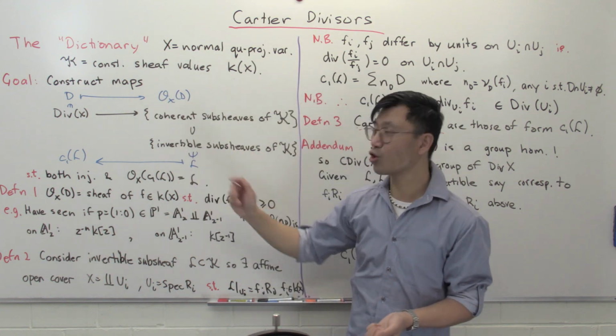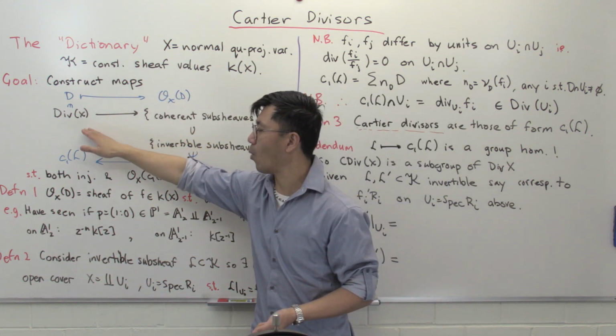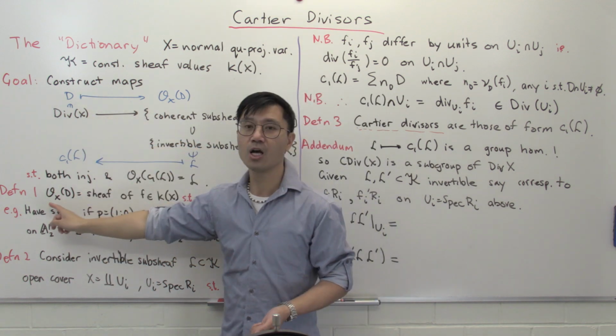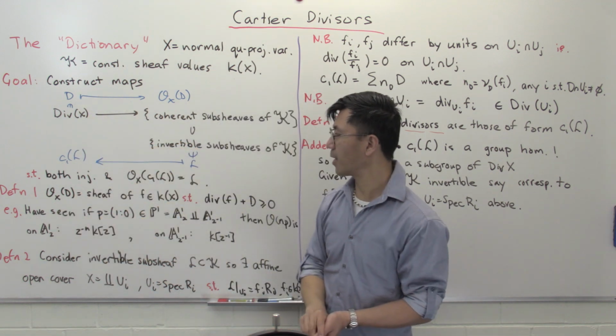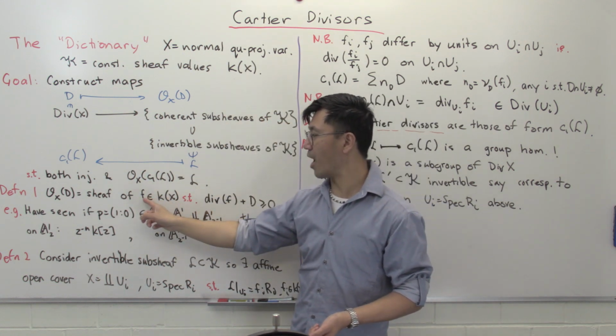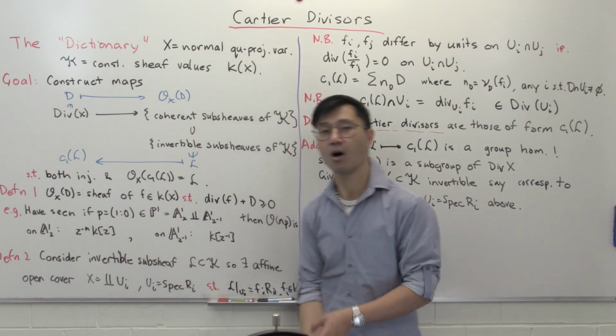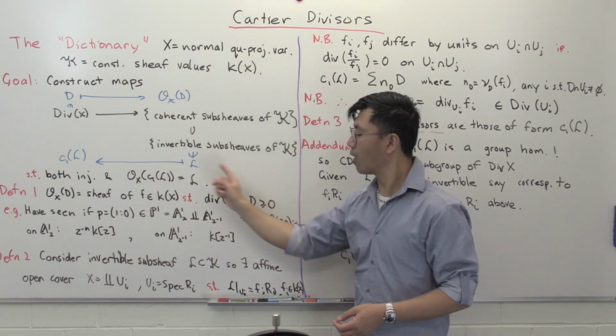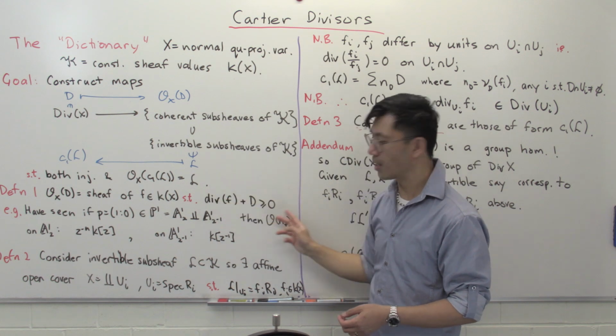So let's construct these two maps. Let's look at the first one, where you start off with some divisor D inside X. What's O_X(D)? It's going to be a subsheaf of K, so I just have to tell you which f lies inside here, on any particular open set. It's given rather loosely by this inequality.